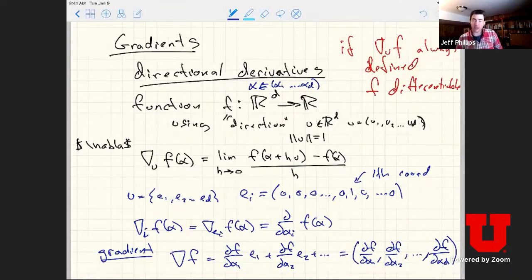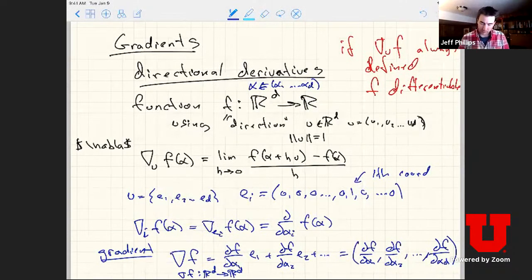So the gradient is just each coordinate-wise derivative put together in a vector. Nabla f is a function from Rd to Rd. It gives me back a vector in Rd.